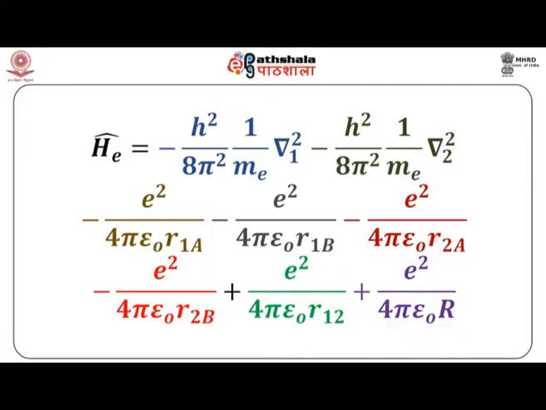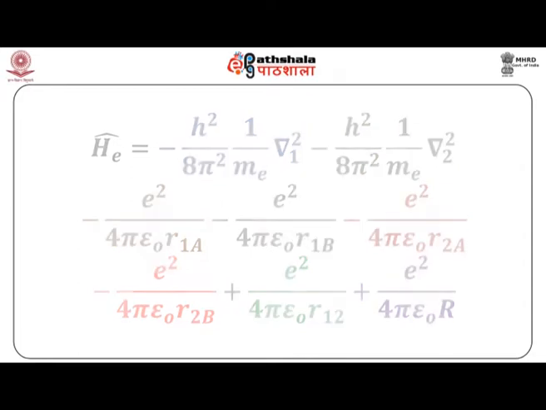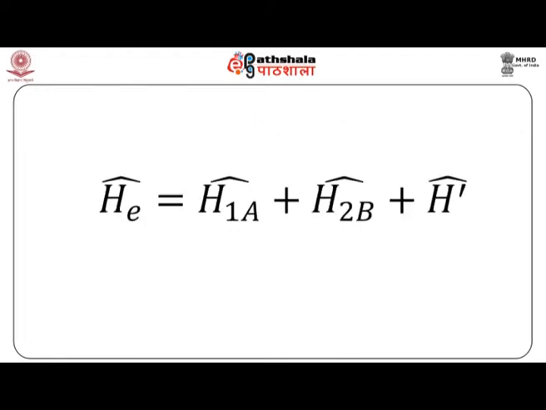Now this electronic Hamiltonian, which consists of 2 kinetic energy terms, 4 negative terms which represent the electrostatic attraction between the electrons and the nuclei, and 2 repulsion terms, can be rewritten as H_e cap equals H_1A cap plus H_2B cap plus H prime cap.